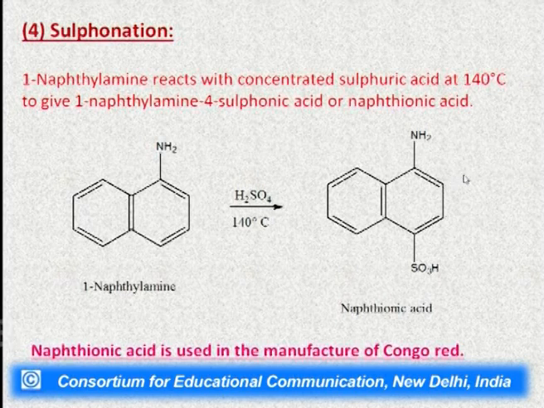If the incoming sulphonic acid group comes at the ortho position, this group is bulky in nature, then again steric hindrance will take place in the molecule and it will destabilize the molecule. So the incoming group will come at the para position in this case, and we will get here the naphthionic acid. This is used in the manufacture of Congo red dye.